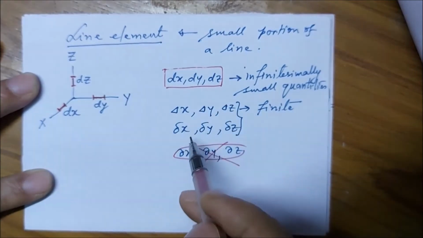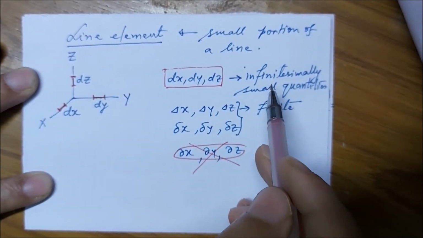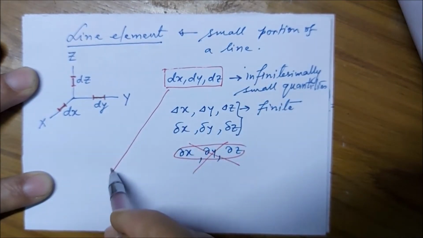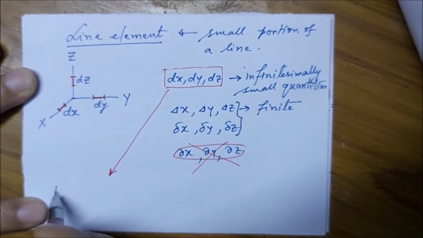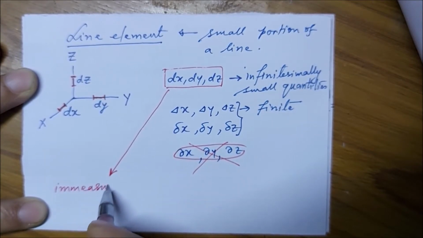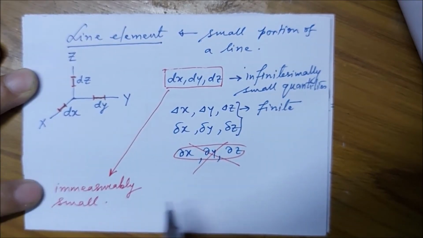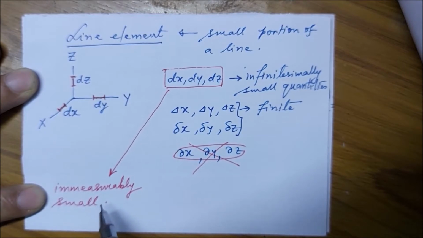Another important thing is that this set of quantities which are infinitely small or infinitesimally small are immeasurably small. So you cannot measure them, because there is no limit to smallness and hence we cannot measure it.